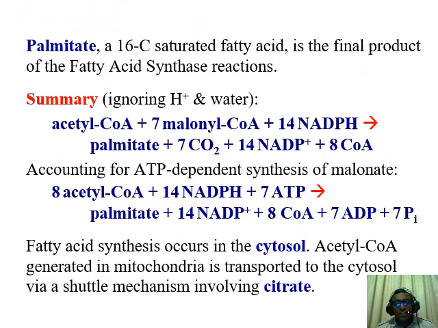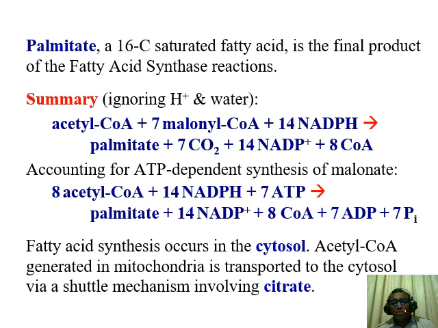So here is the summary of what we have achieved. If you look into just one acetyl-CoA and 7 malonyl-CoA, that is the reaction done by fatty acid synthase, meaning to form palmitate using 14 NADPH. So you get the reaction as shown above.